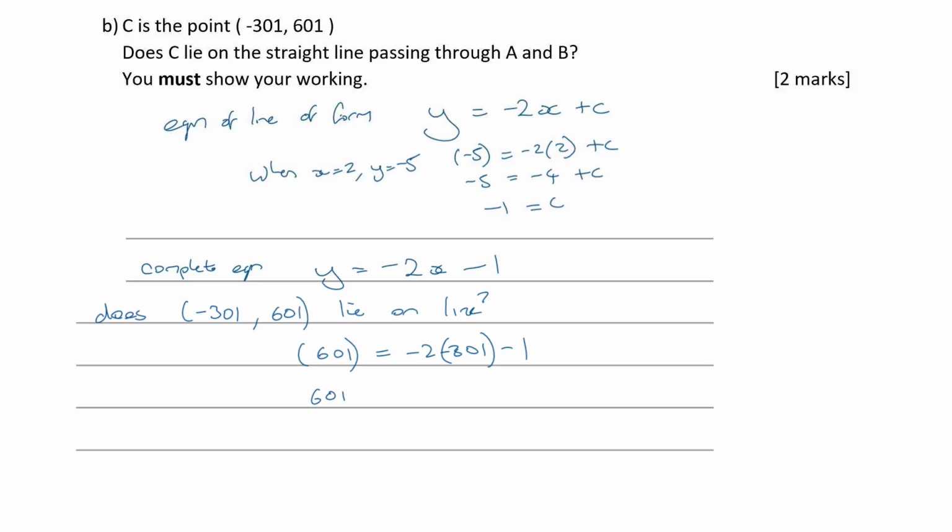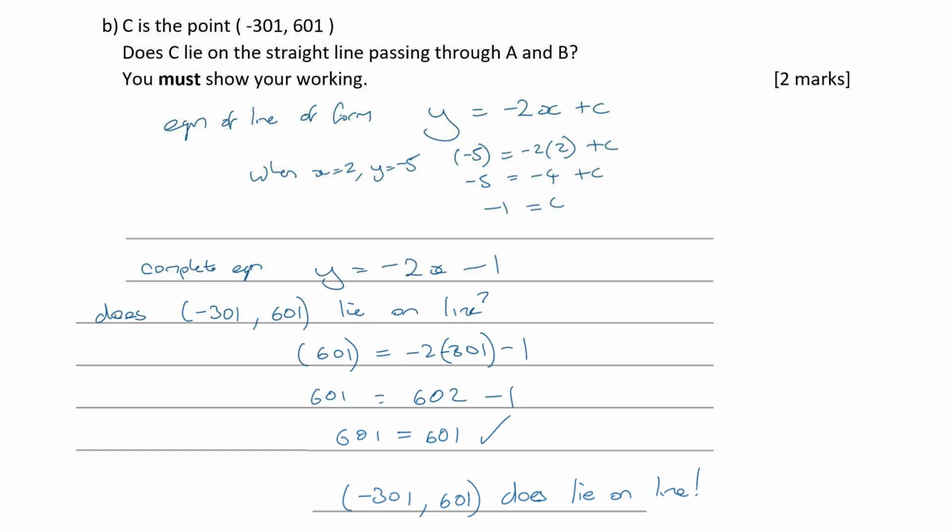So is 601 equal to minus 2 lots of negative 301, which is positive 602, subtract 1, and 602 take away 1 is 601. That is true. So therefore minus 301, 601 does lie on the line.